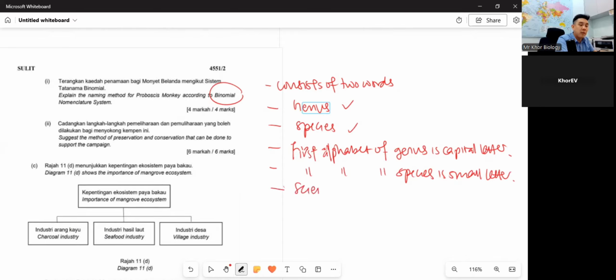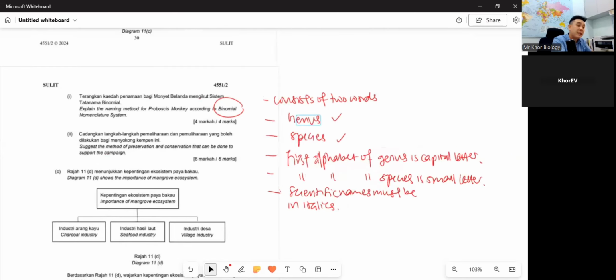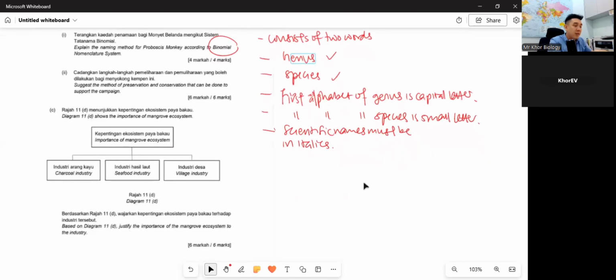Scientific names must be in italics. Okay, guys, to add one more, you can say that when written, it should be underlined.